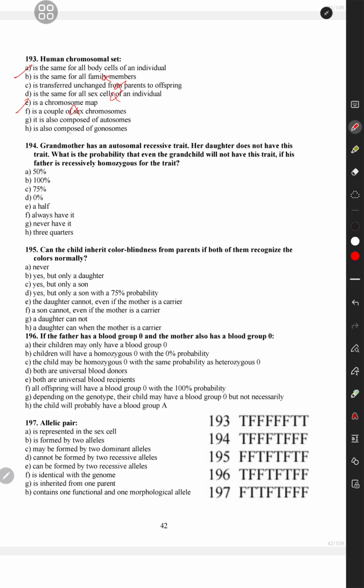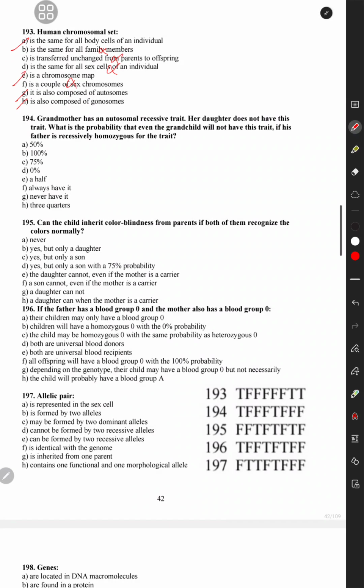It is also composed of autosomes. It is also composed of gonosomes. True, false, false, true. Is a chromosome map. Wrong. That is karyotype.